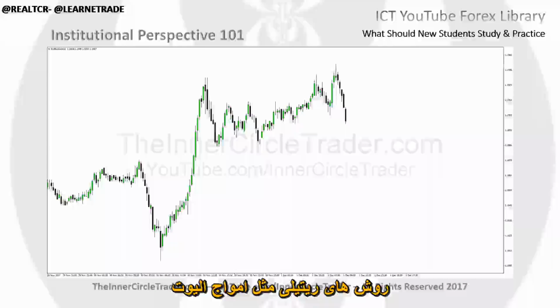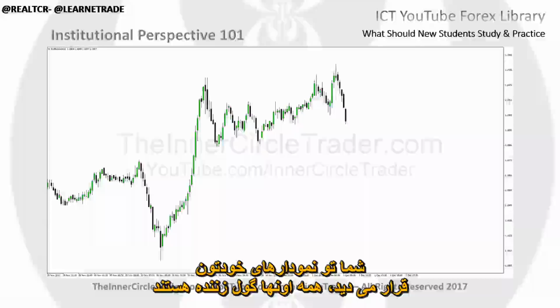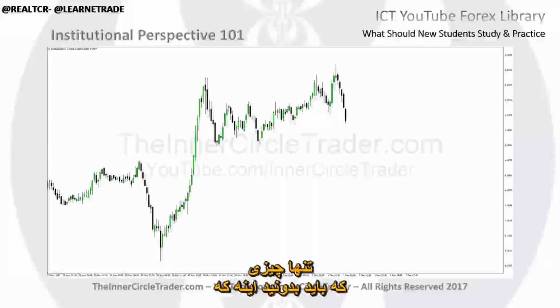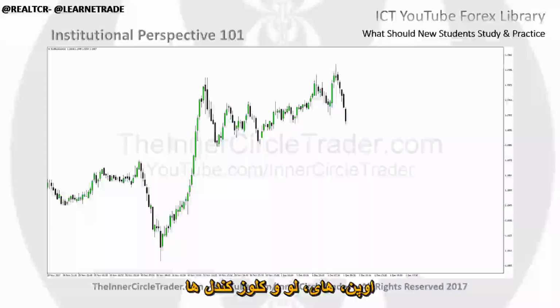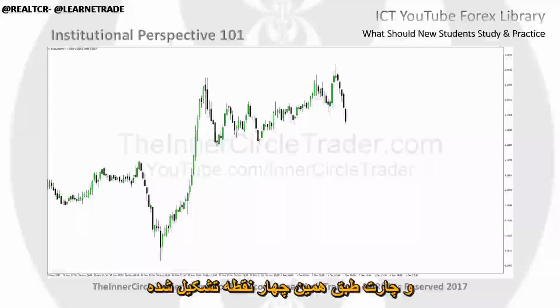So retail is like Elliott wave, supply and demand, harmonic patterns, animal patterns, all these things that you put on your charts, they're all distractions. All you need to know is the open, high, low, and close. Okay, there's 4 reference points that make up price, and we make charts based on those 4 reference points.